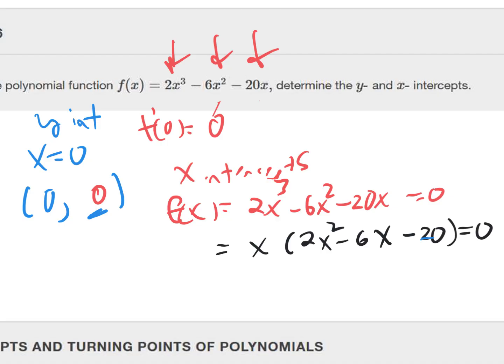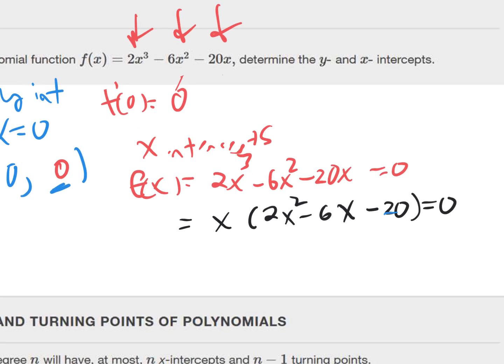And if I was smart, and I wasn't smart a second ago, I could pull out a 2 out of every number. That makes it even easier, so I should have seen that. Pull out a 2 as well. That means divide this by 2, divide this by 2, divide this by 2. That gives me x squared minus 3x minus 10. Why did I do that? To make it easy to factor the x squared minus 3x minus 10.